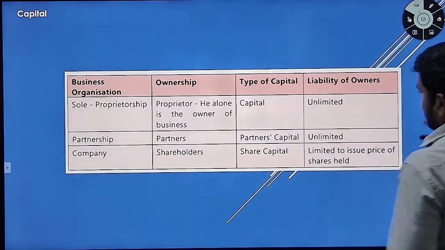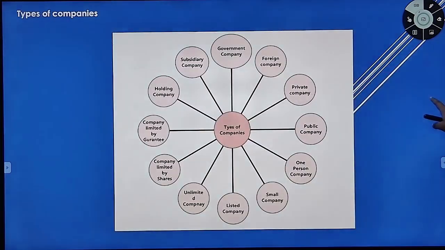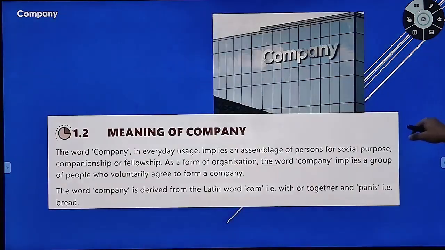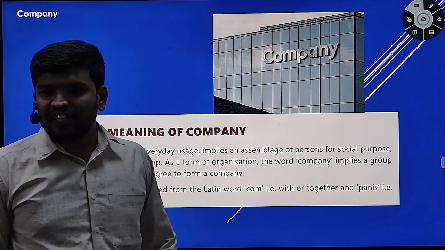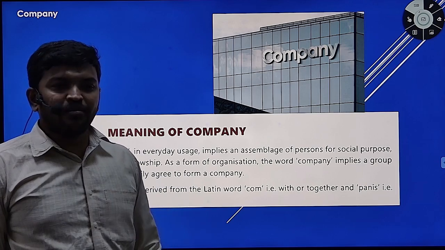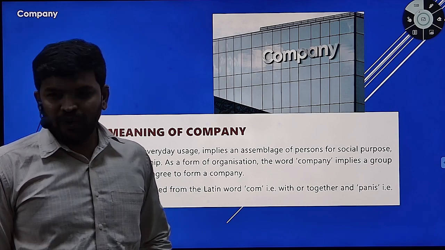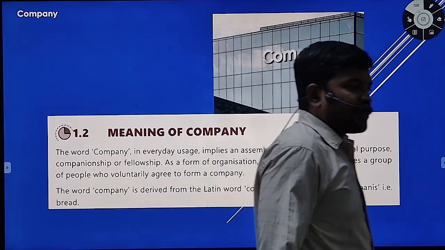Now what is a company? See here. Oil India Limited is one company. AGCL is one company. Have you come across these names? AGCL, Assam Gas Company Limited, Oil India Limited, IOCL, Indian Oil Corporation Limited, ONGC, ITC, Indian Tobacco Company.